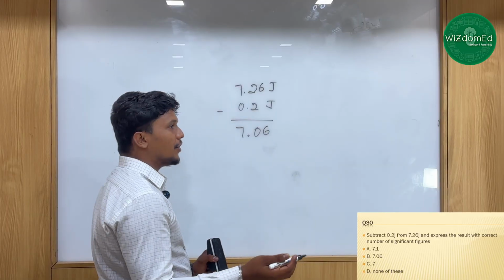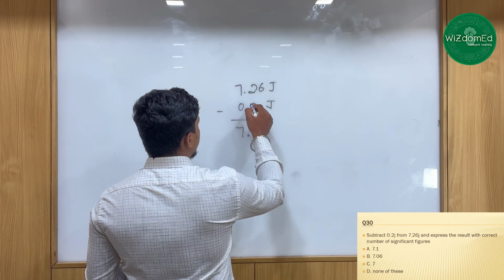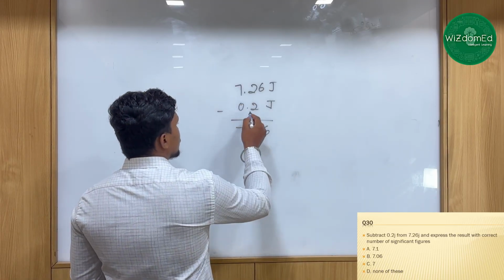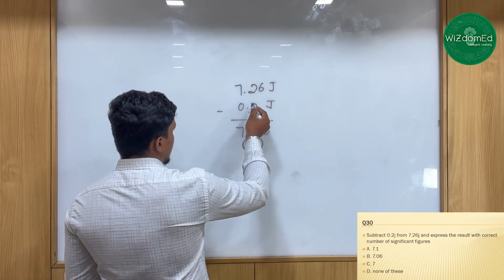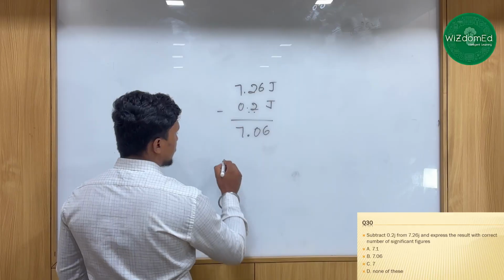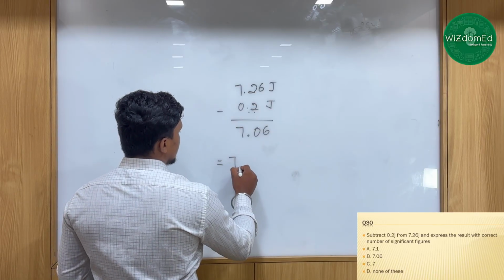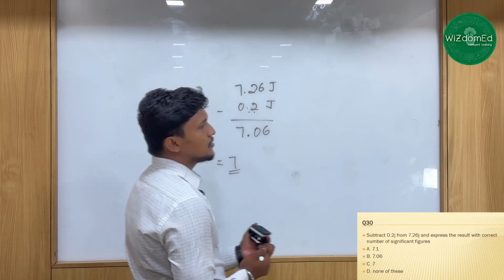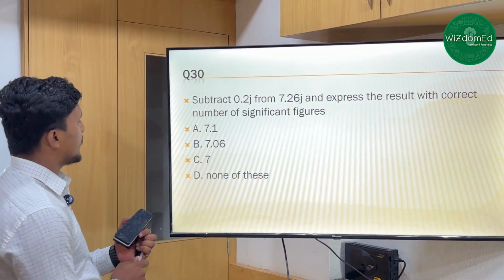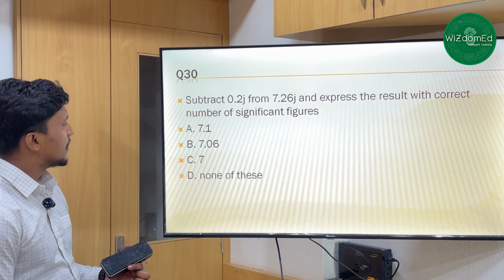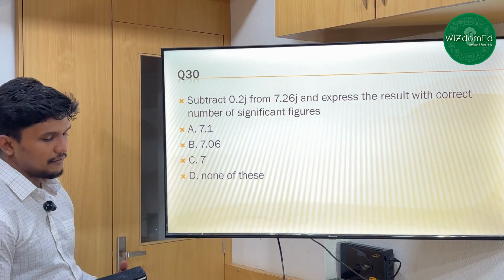But we need to round it off to the least number of significant figures between the two values, where 0.2 has only one significant figure. So the answer will be 7. So C is the correct answer. When we round off the value to one significant figure, the answer will be 7.